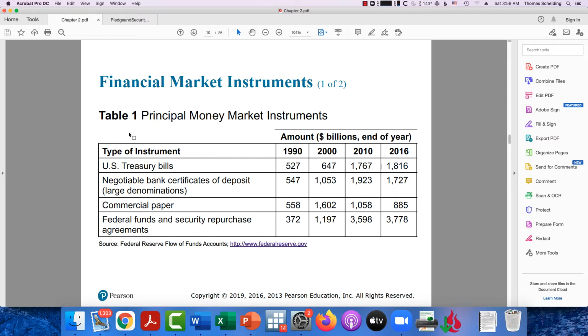So if we look at what's all going on here, in terms of the money markets, most everything out there would be the security repurchase agreements. These security repurchase agreements reflect an agreement to buy a security if it should fail to trade.